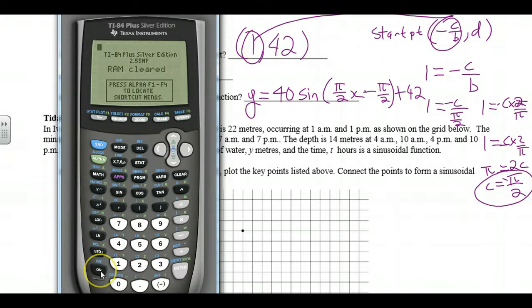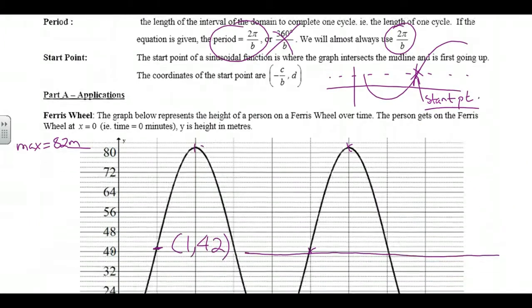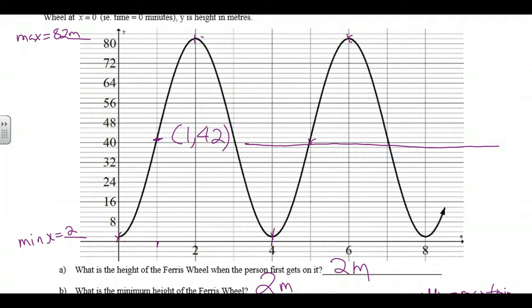Okay, so clear. Make sure your calculator is in radian mode. Let's set the window to match what we have back here. I want my x's to go from -1 to 9 by 1s.